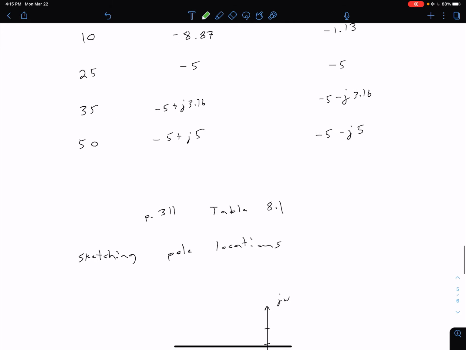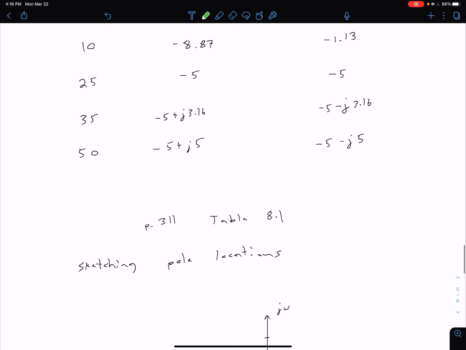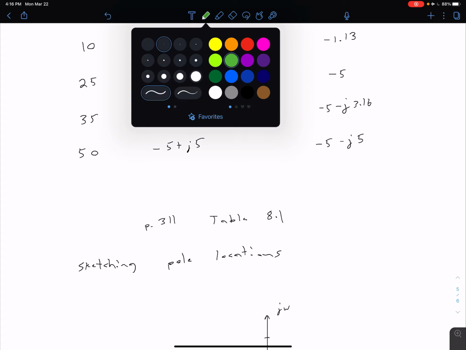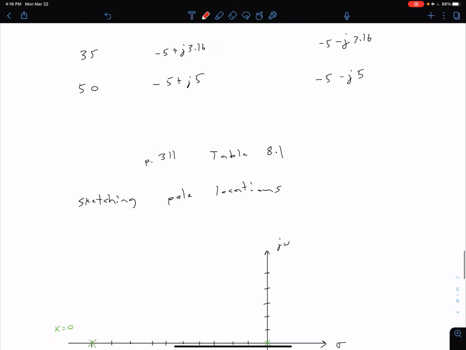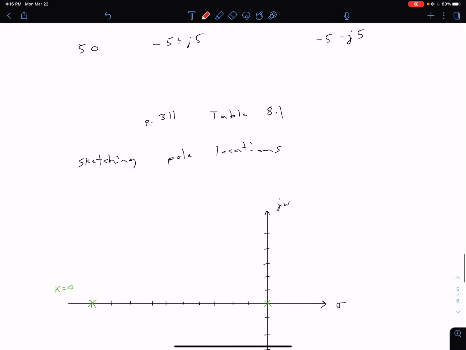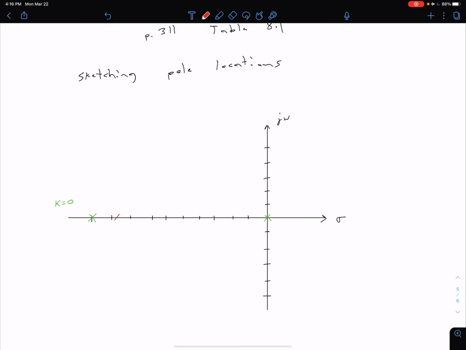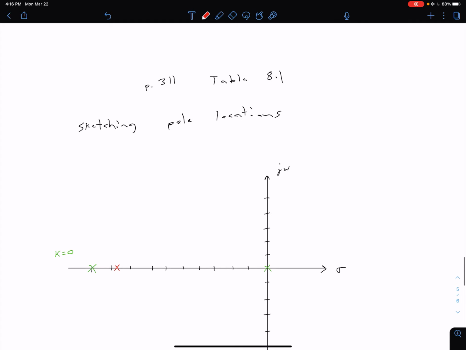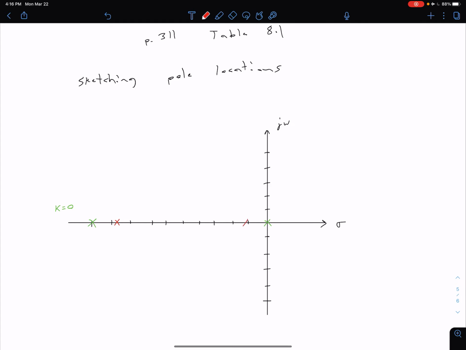Now, if we increase our gain to 10, our poles are going to be at negative 8.87 and negative 1.13. Let me switch over to red. Negative 8.87 is just below negative 9, so somewhere around here, and negative 1.13 is just a little above 1, so somewhere here. So that is for our gain equal to 10.